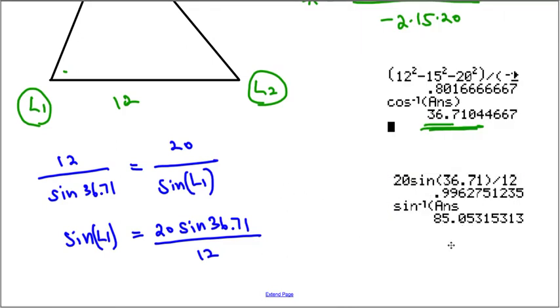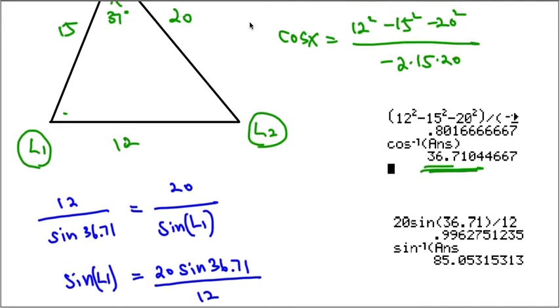The measure of the angle becomes 85 degrees, so therefore this one has to be 85. Then this one is rather simple because L2 must be equal to 180 minus 37 minus 85.